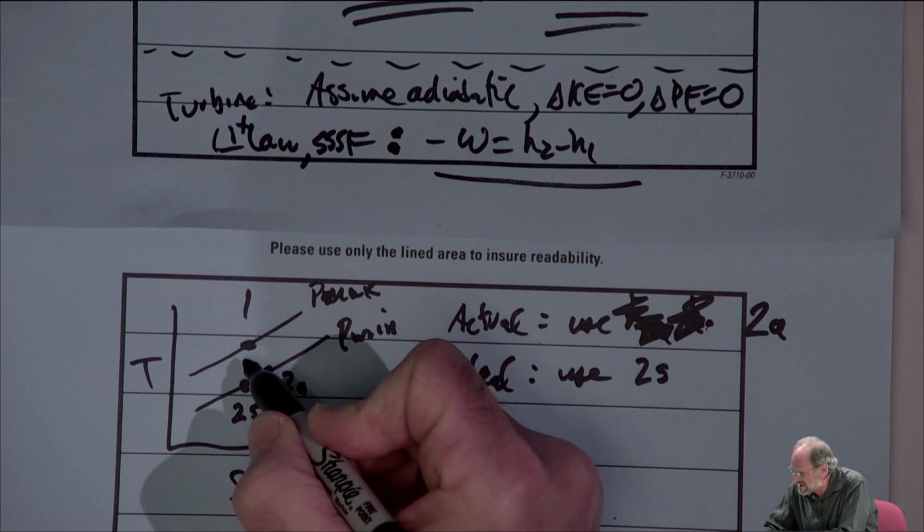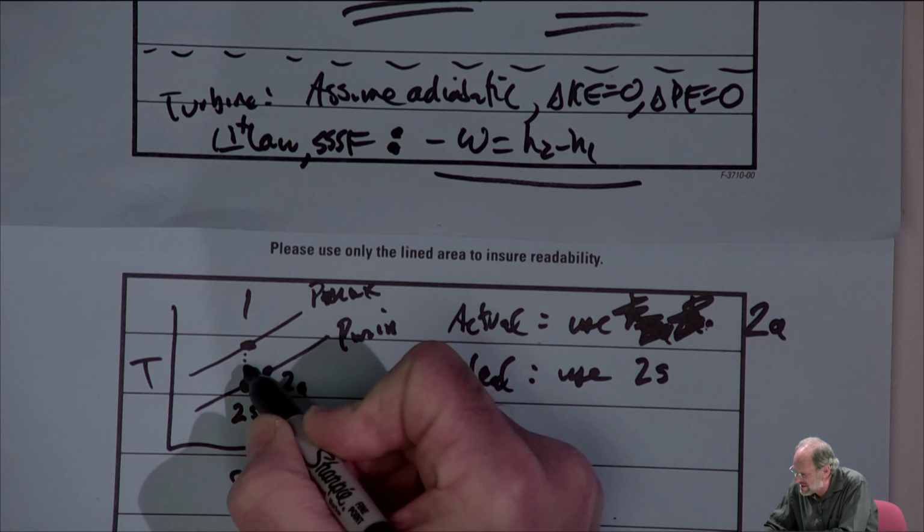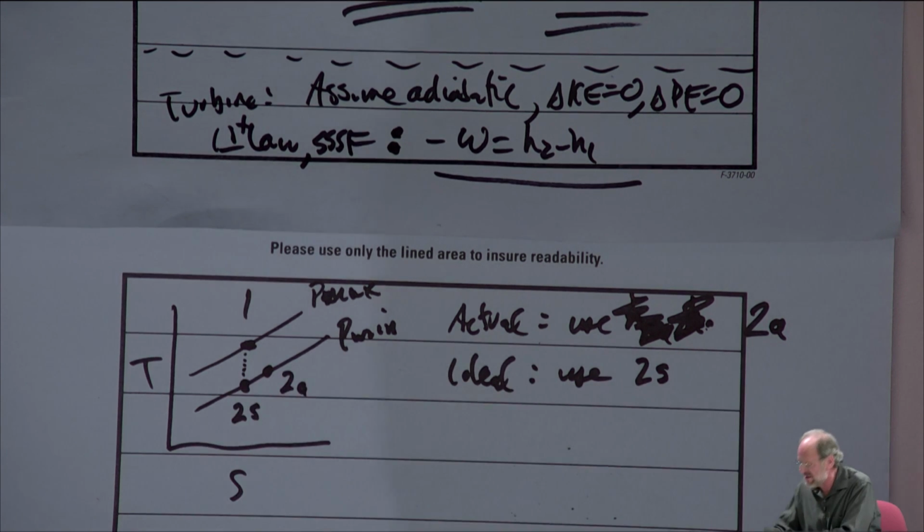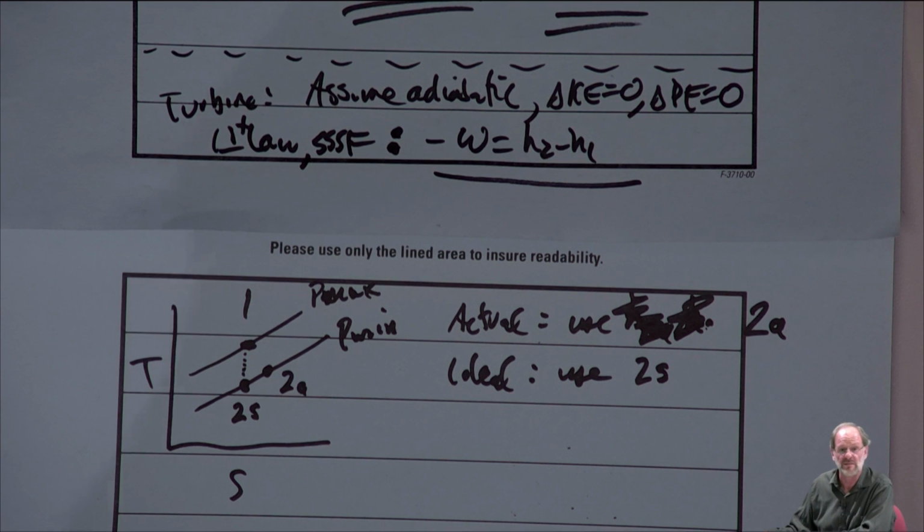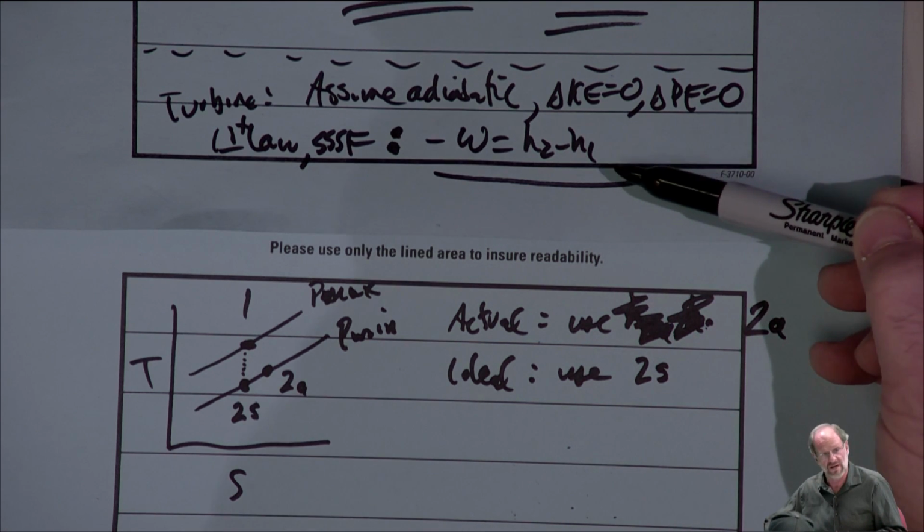Now, when you show this on a diagram, I would always show a dotted line or a dashed line going from point 1 to point 2s, because quite frankly, that doesn't really exist. There's no ideal turbine. This is just an analytical tool of ours. We're assuming that it's an ideal turbine so that we can get the ideal enthalpy change, which represents the ideal work per unit mass, right?